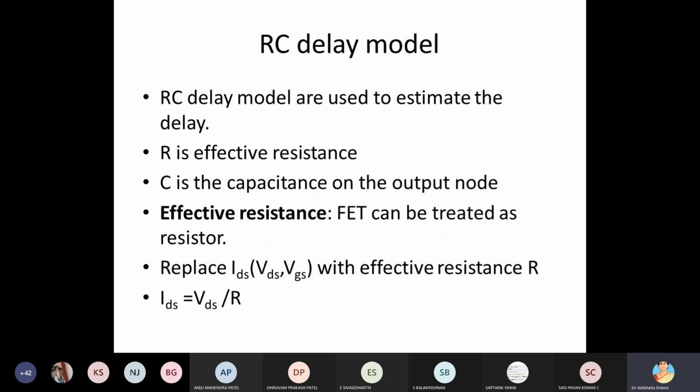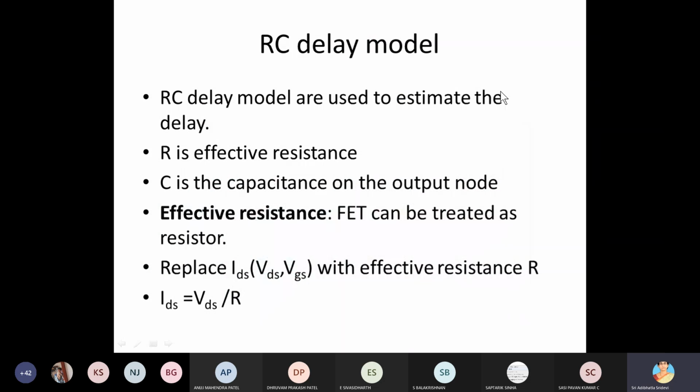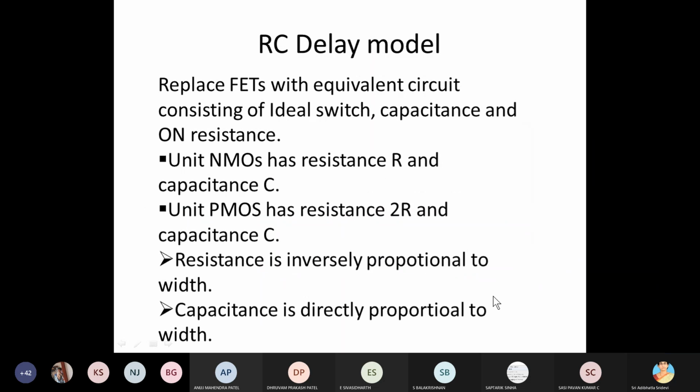Do you remember the RC delay model? Yes, ma'am. If you consider the RC delay model, FETs are replaced with their equivalent resistance and capacitance.